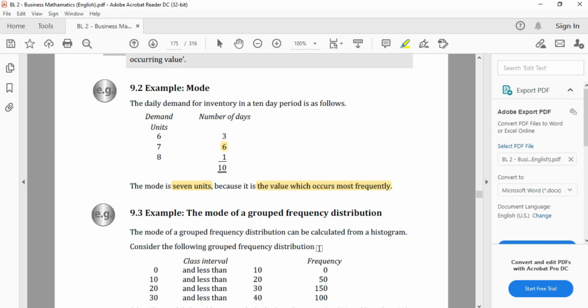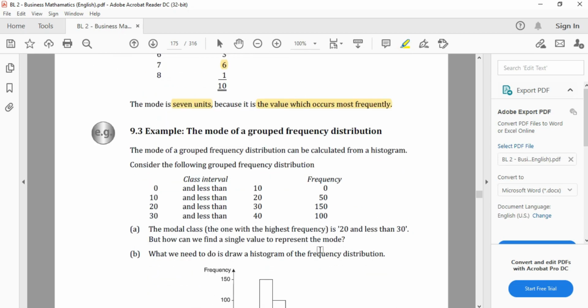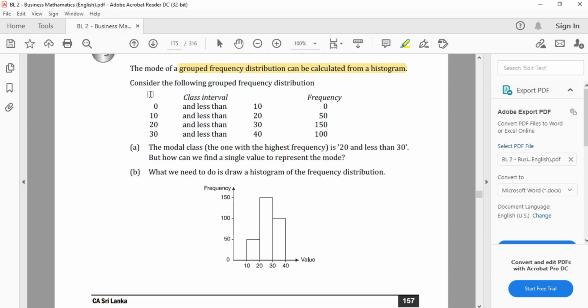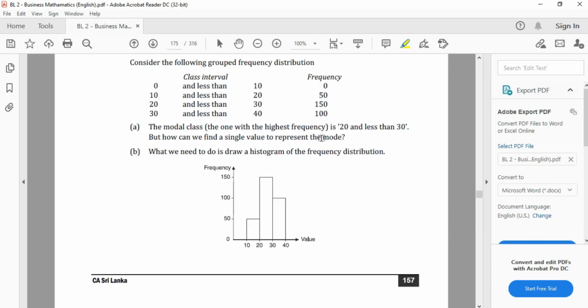which is 6 times. But if you look at a grouped frequency distribution from a histogram perspective, you have 0 to 10, 10 to 20, continuous data with fixed intervals, because the gap is 10 here, here also the gap is 10, here also 10. The frequencies are 0, 50, 150 and 100.